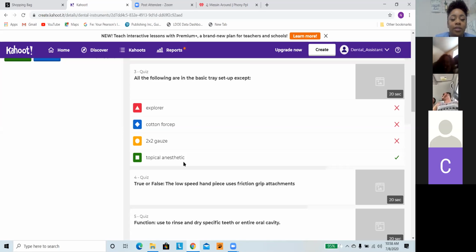The topical is actually a little cream that we apply, after we dry the gingival margin, and we let it sit on that particular part of the gingival margin where we're going to give the injection, right? So that's pretty much what your topical does.